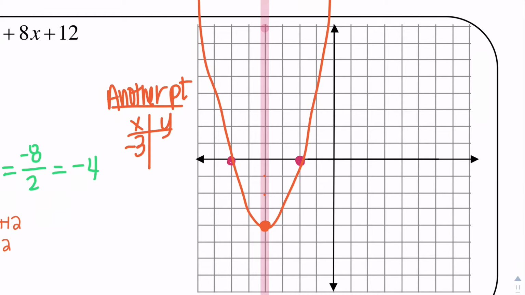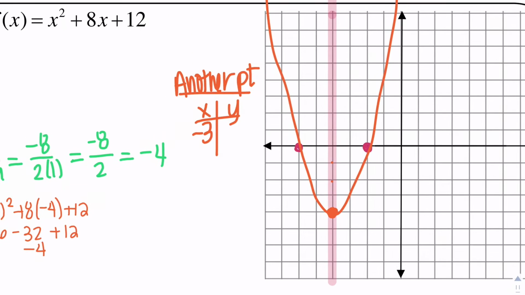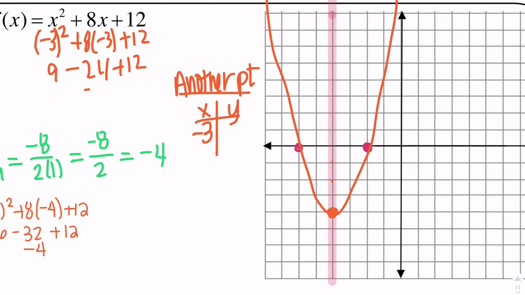I would plug that in: -3 squared plus 8 times -3 plus 12, I would get 9 minus 24 plus 12, so I would get -3. That works out. So that would actually be there. So we did a pretty good job with our curve. And if we wanted another point, we could just reflect it over and put another point there.